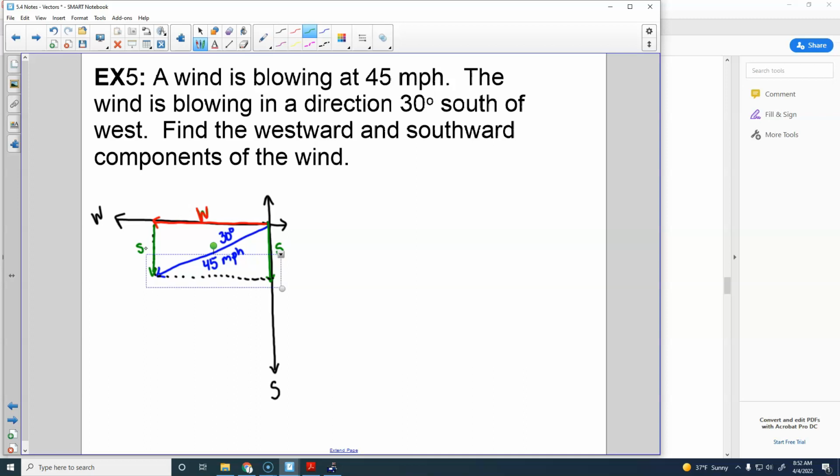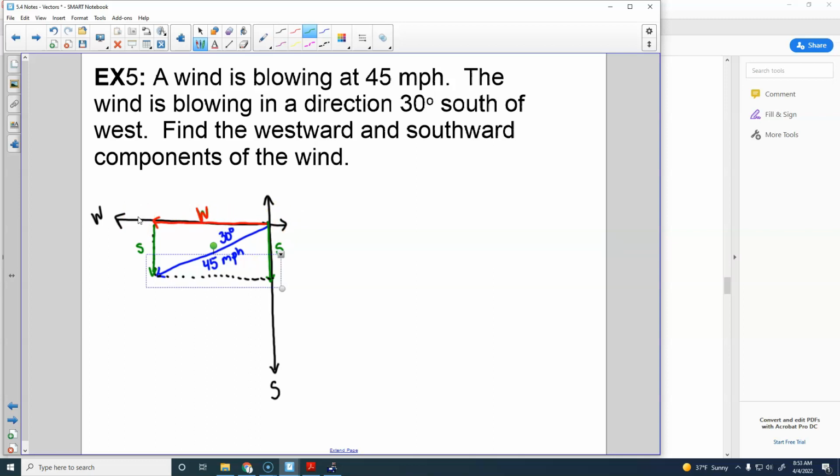This, of course, would be important if you are looking at a force upon an object. It could be wind. If you had a westward facing wall right here, that westward component is the component that's really putting pressure against the wall if you're worried about it caving in.